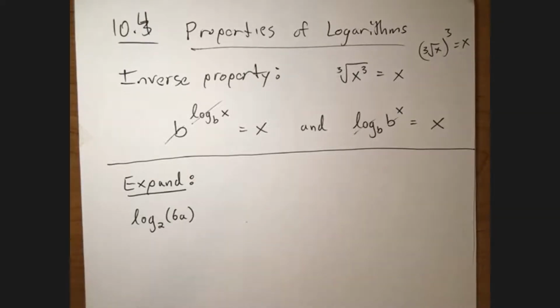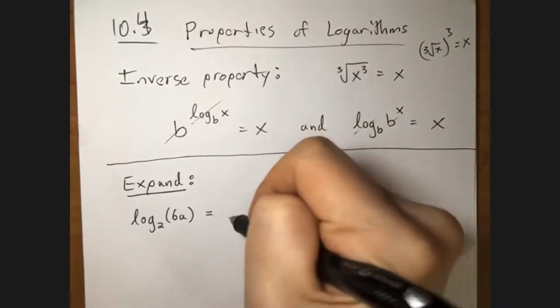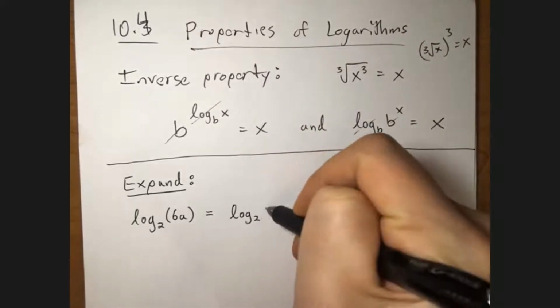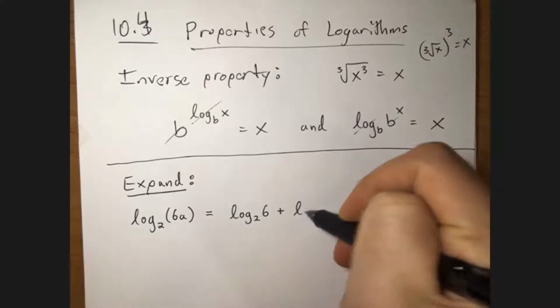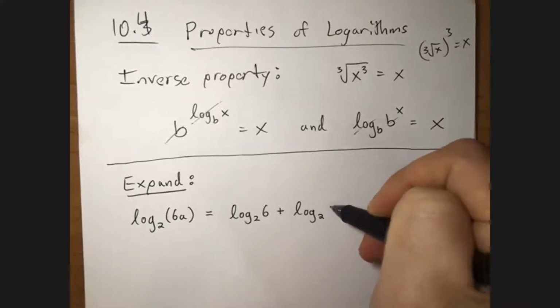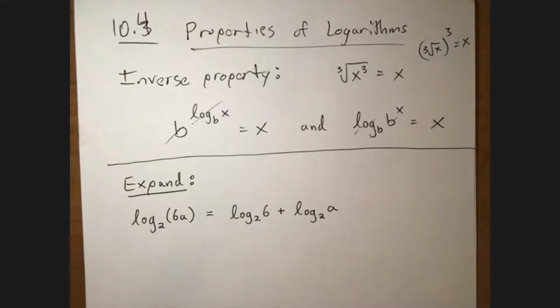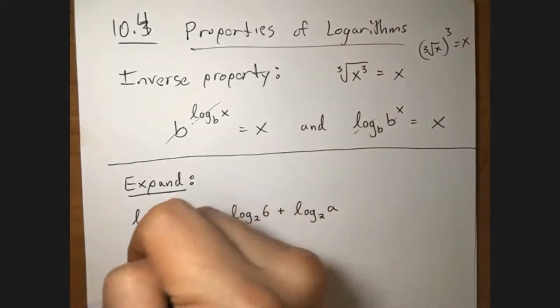So I know how to expand that. I use the product property. The product property says this is the log base 2 of 6 plus the log base 2 of a. That's the product property, and I've expanded it. I've applied the properties of logarithms to write a product as a sum. Okay, so done. Let's try another one.